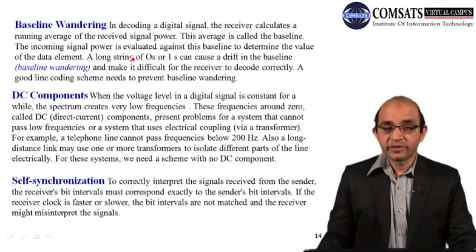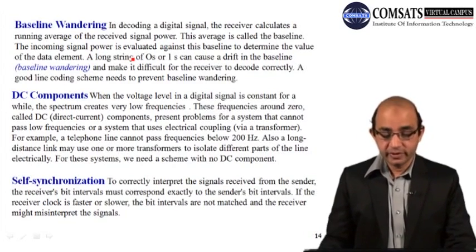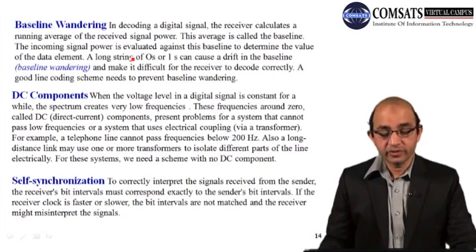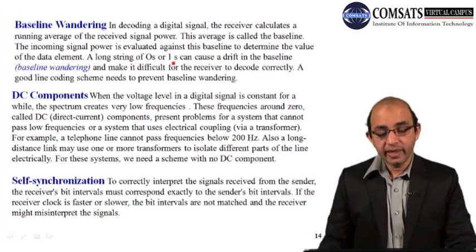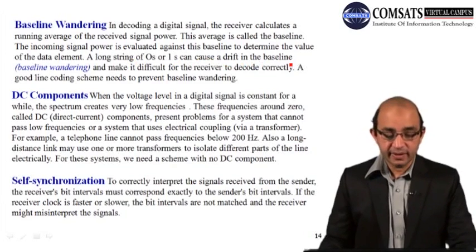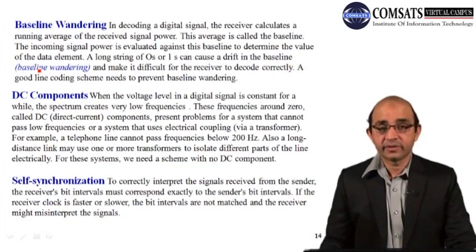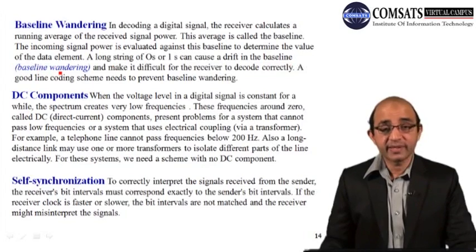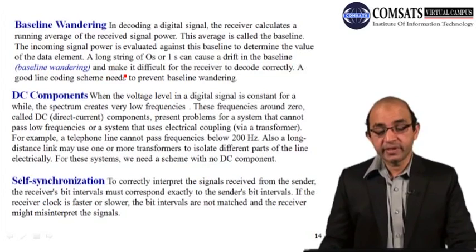If we have a long string of zeros, or maybe a long string of ones, it can cause a drift in the baseline. That is baseline wandering, and as a result it is difficult for the receiver.